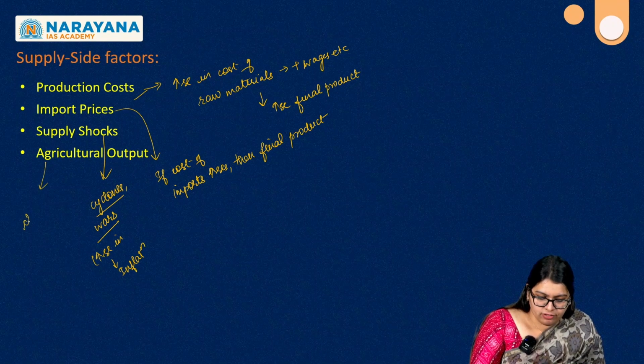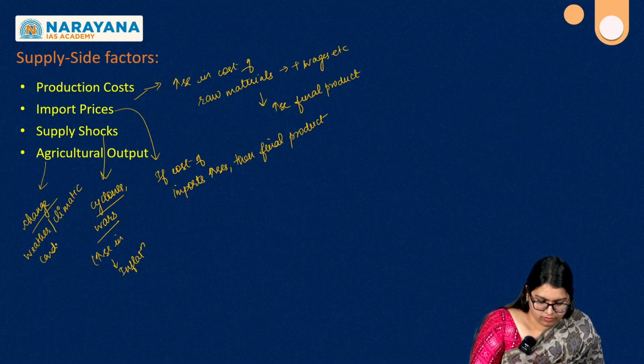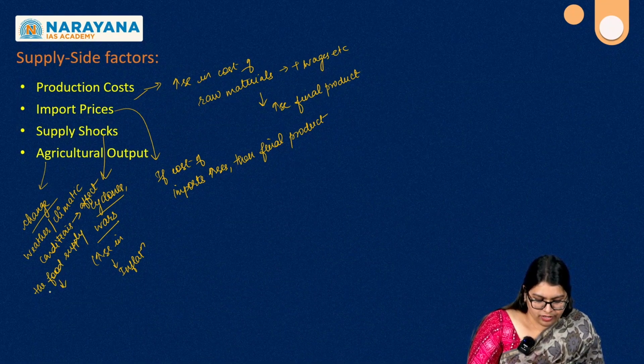Any change in the agriculture output due to the weather and climatic conditions will affect the food supply and also affect the price, which will fluctuate, resulting in inflation.